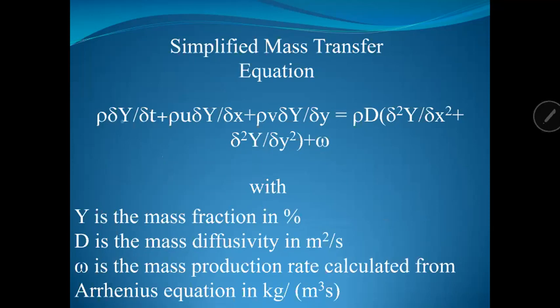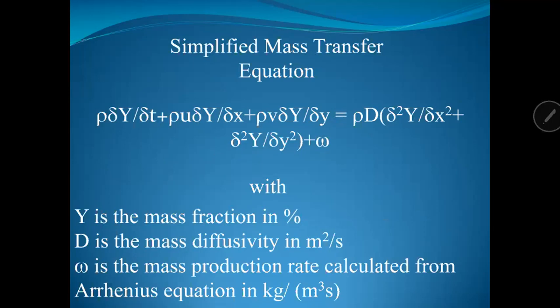Okay. Rho dY over dt plus rho u dY over dx plus rho v dY over d small y equals rho D times d square Y over dx square plus d square Y over dy square, plus omega. It's the same as the momentum equation.